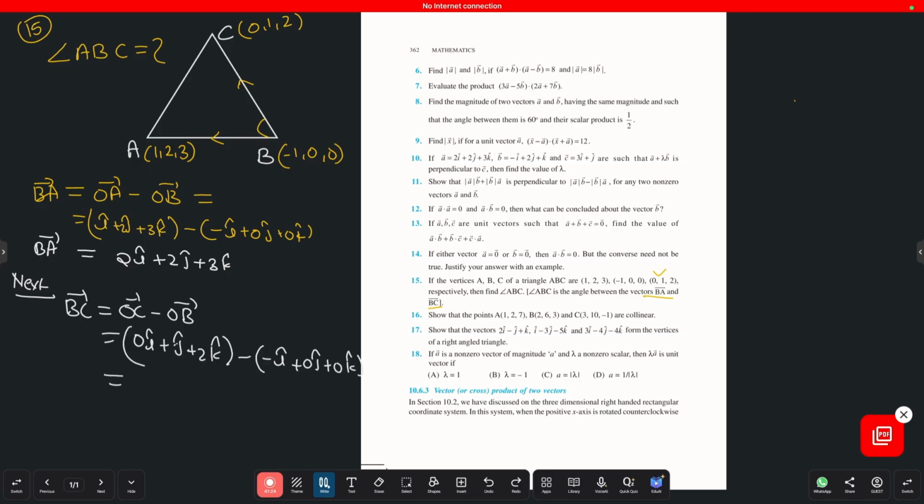Simplify. It is 0 minus minus 1, so plus i, plus 1 minus 0, plus j, plus 2 minus 0, plus 2k.